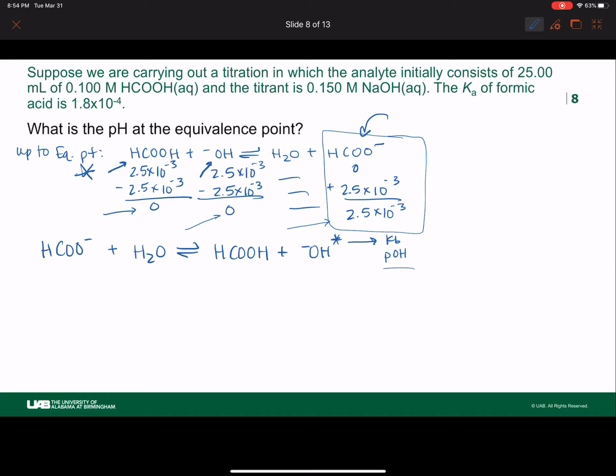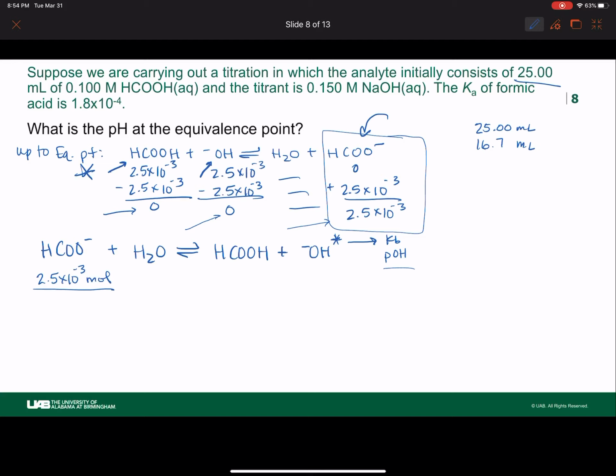And so what's in solution is really just a simple ICE table. This is in terms of moles, not volume, so I'm going to have to divide by the total volume. We have 25 milliliters of acid. The last question asked you to get the volume of base that you needed to add, which happened to be 16.7 milliliters of base.